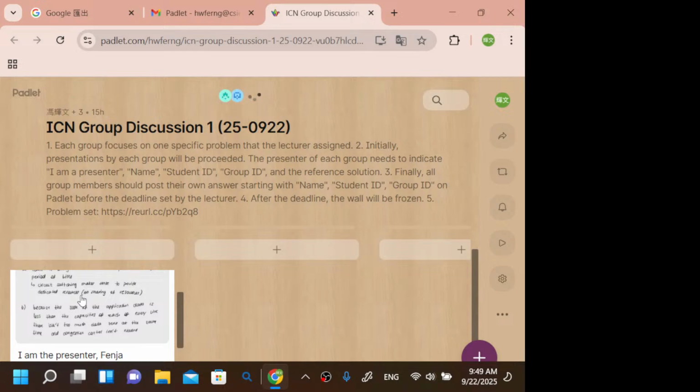That's okay. And the second group, it doesn't mean show your answer immediately, but show me who is the presenter. You still have time to upload your answer. But for the other students, you can have your answer later, because after the presentation, I will ask you to upload your answer as well. Only focus on the current problem.